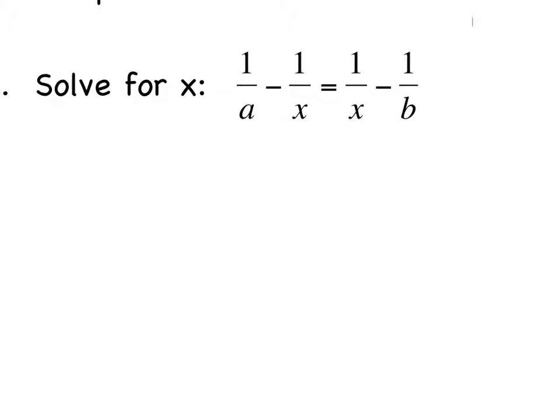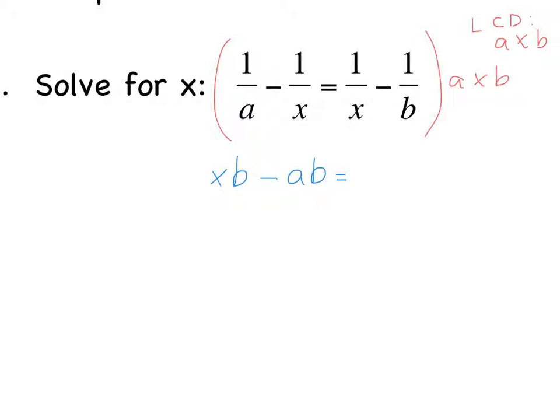So we need to figure out the LCD between a, x, and b. Our LCD is simply a, x, b, and we're going to multiply everything by that. When we multiply 1 over a times AXB, the A's cancel, and it becomes X times B. Minus, when we multiply 1 over X times AXB, the X's cancel, leaving us with AB.